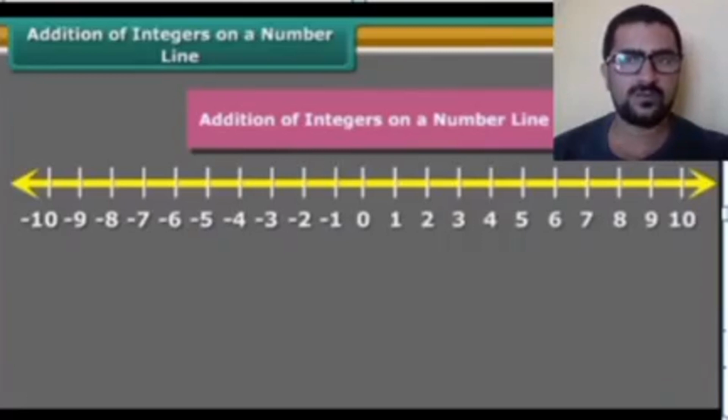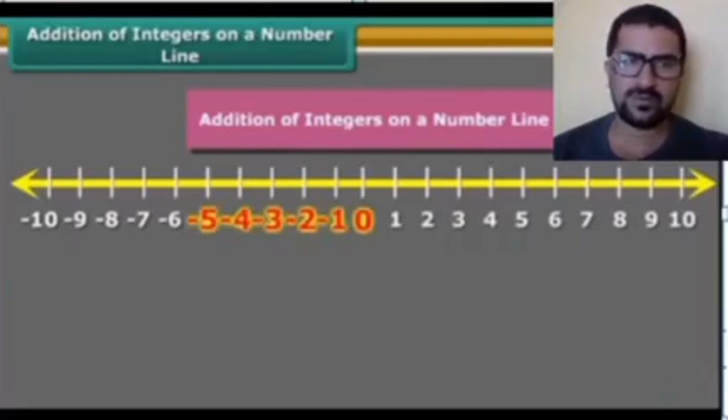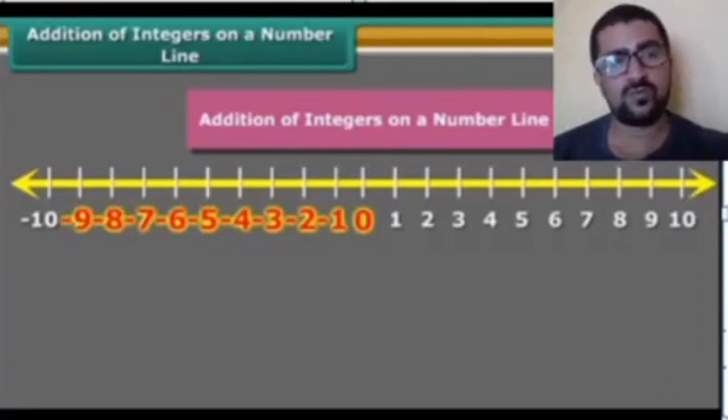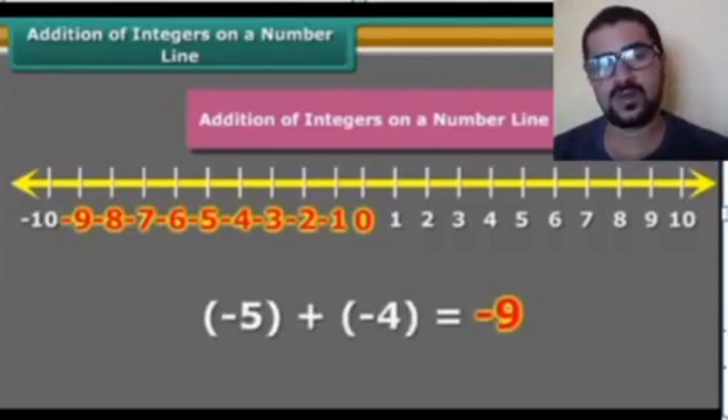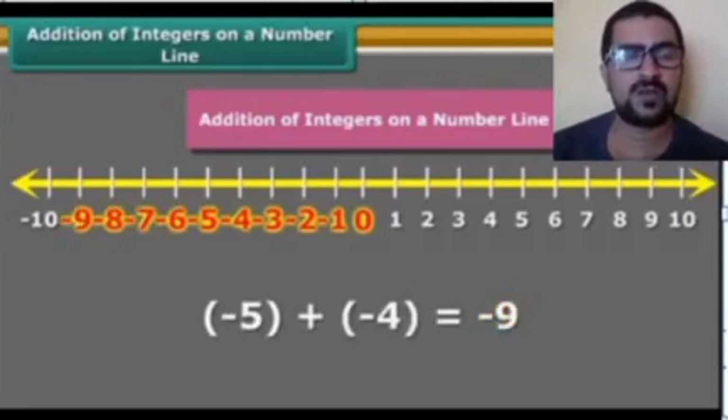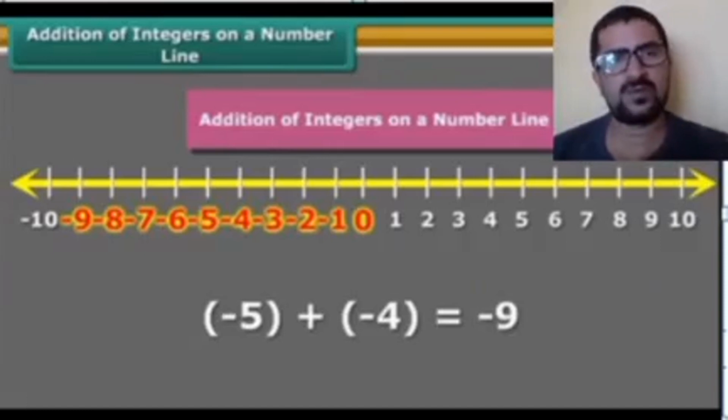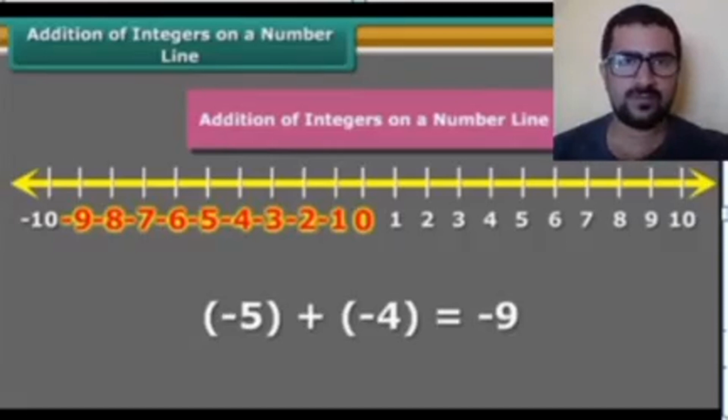In this case, first we move 5 steps to the left of 0, reaching minus 5, and then we move 4 steps to the left of minus 5 and reach minus 9. So we see when we have two positive integers, their sum is a positive integer. When we add two negative integers, their sum is a negative integer.